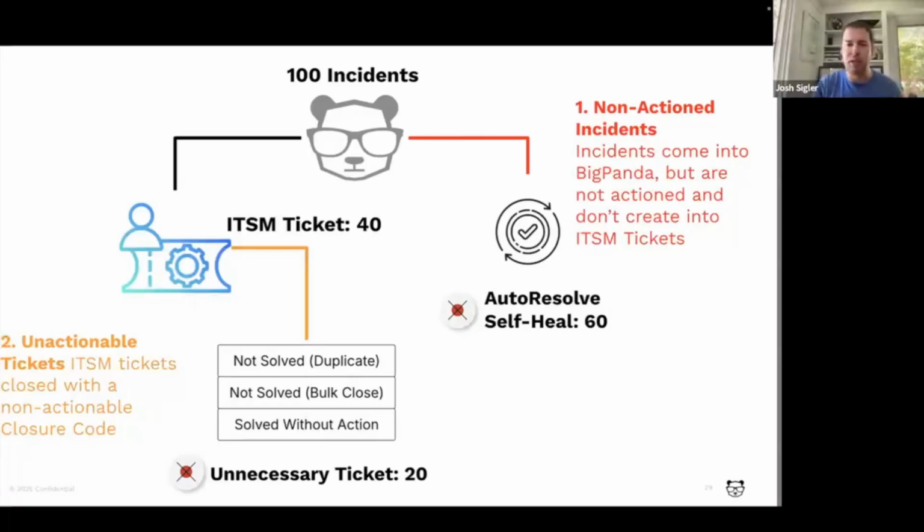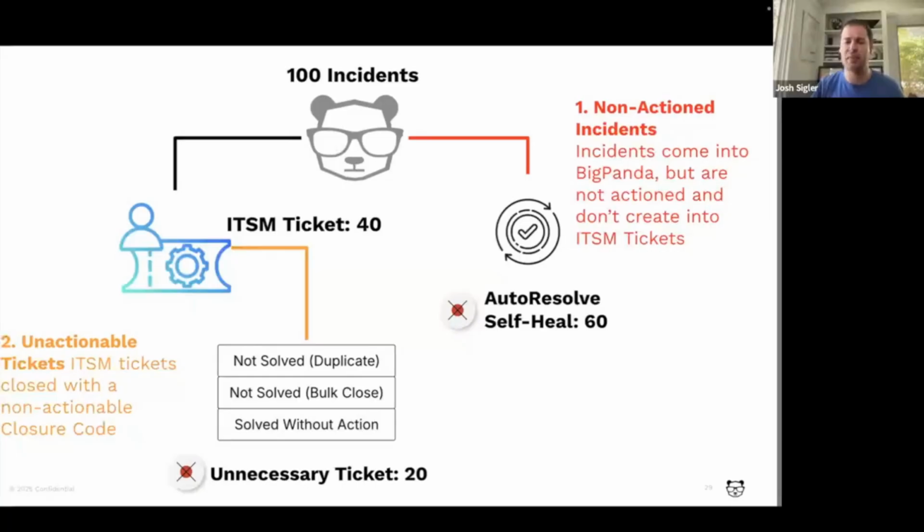The second piece of the puzzle is at the bottom, ITSM tickets in green. What tickets am I opening that people instantly look at and say, why did you send that to me, or why did you need to open that? This is a little bit of the boy who cried wolf as well.